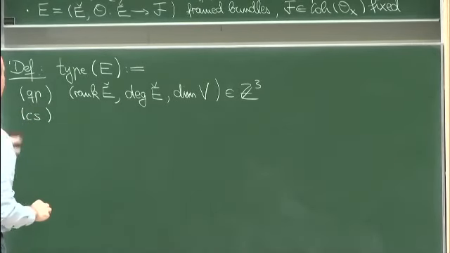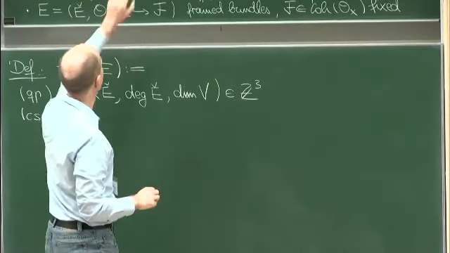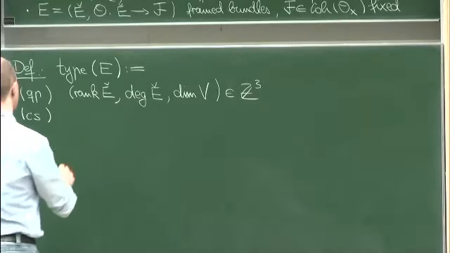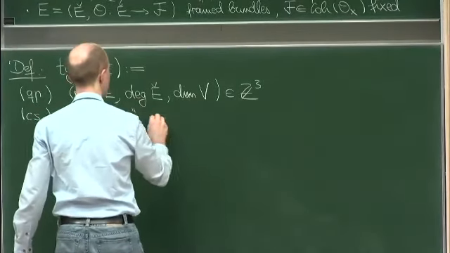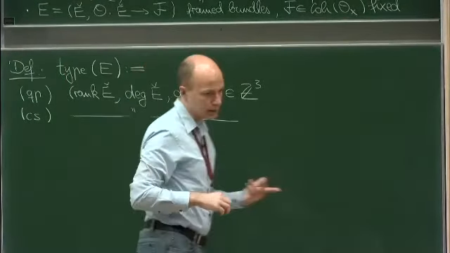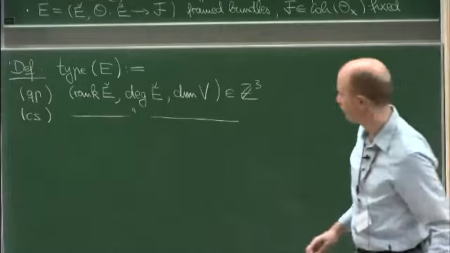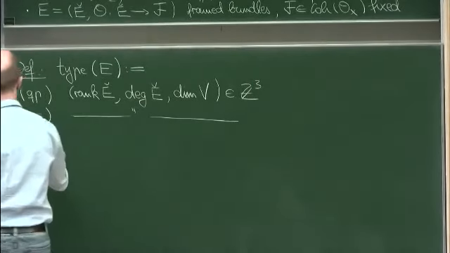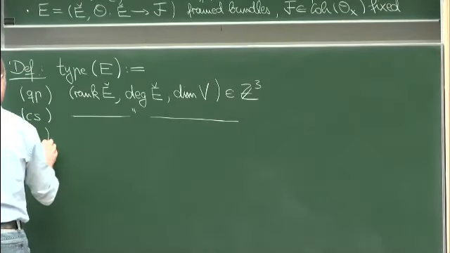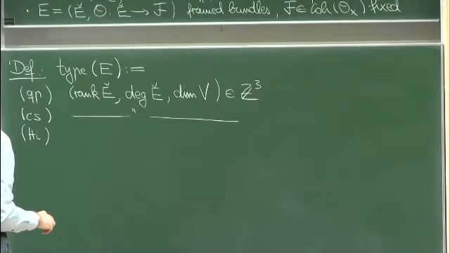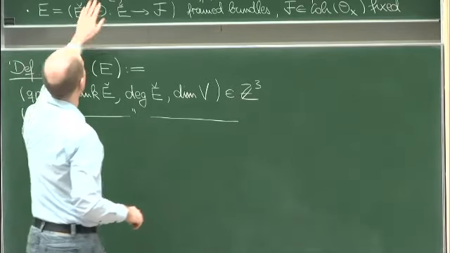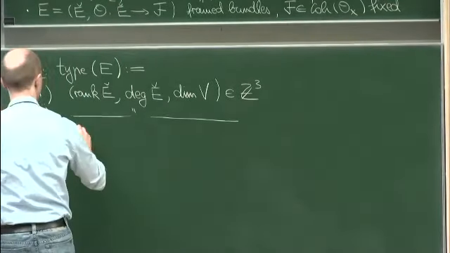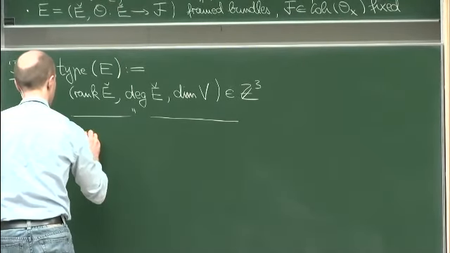For coherent systems, you again have a vector bundle and a linear subspace, so you can just take the same three integers and again get a triple of integers. And for Higgs bundles, there's only the rank and the degree of the underlying vector bundle.